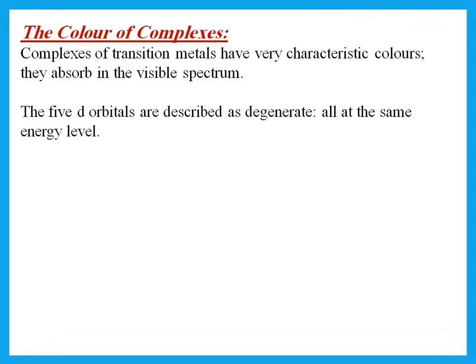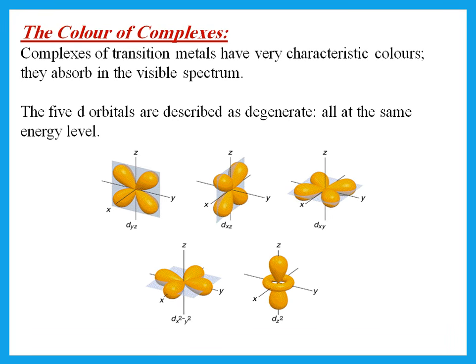Degenerate means all of them have the same energy. They're on the same energy level. So the 3d sublevel is divided into 5 orbitals, or has 5 different orbitals that are oriented in space differently on the X, Y, and Z axis, but they all have the same energy level. So we say they are degenerate.